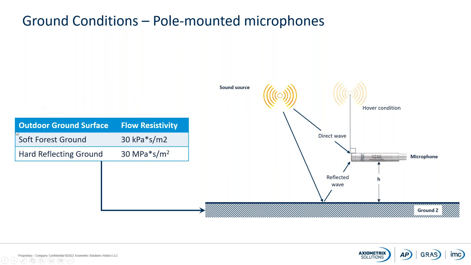In one case we had soft forest ground, which has a low flow resistivity, and then we had a hard reflecting ground with a 1,000 times higher resistivity. This experiment would then show whether we have the same issues with the soft forest ground compared to the hard reflecting ground.